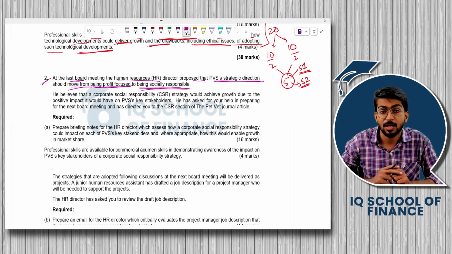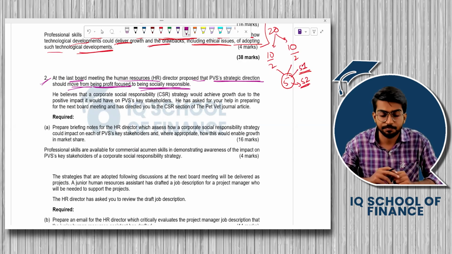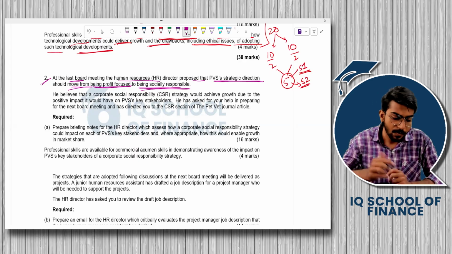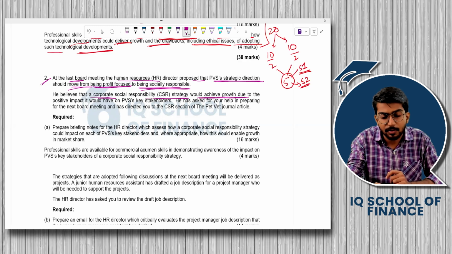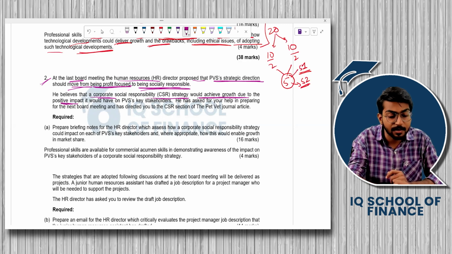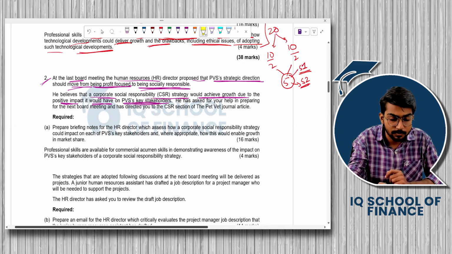We should rather focus on charity, the well-being of the pets, and we should promote these kinds of activities. Okay, so yes, here they are also saying the same thing. He believed that the corporate social responsibility strategy would achieve growth due to the positive impact it would have on PVS key stakeholders.